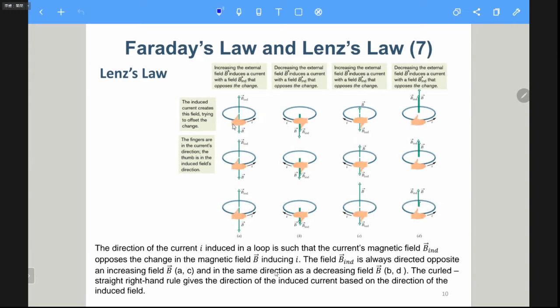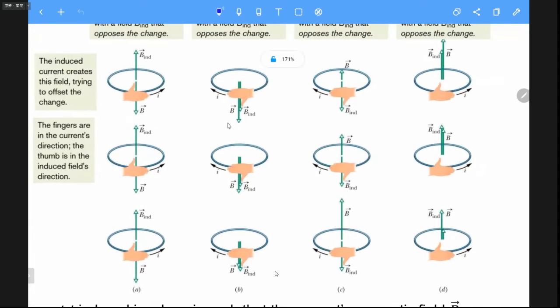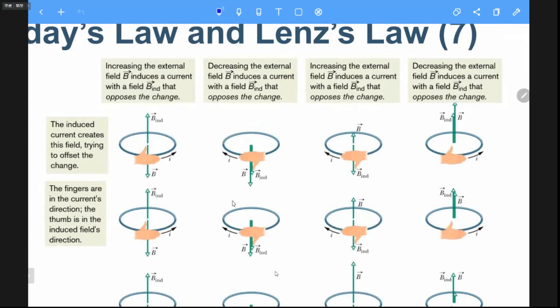So there are four cases, so we look at them one by one. 1, 2, 3, 4, A, B, C, D. So at the very beginning, let's start here.